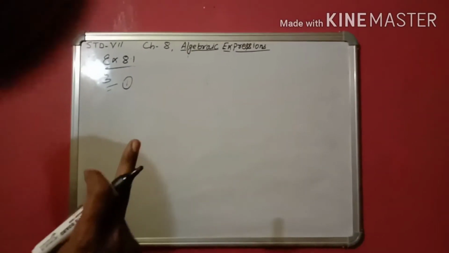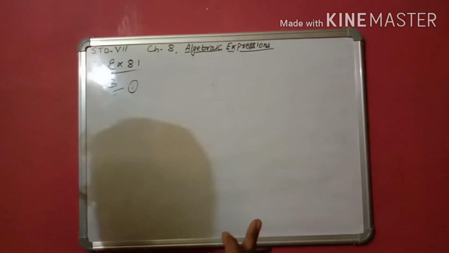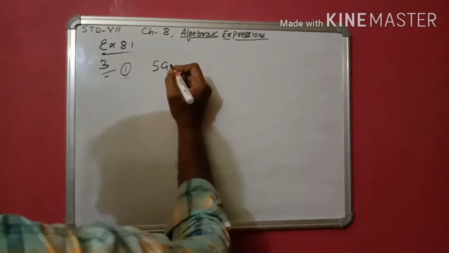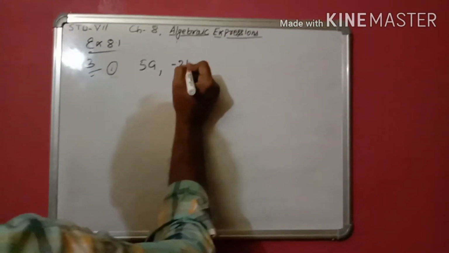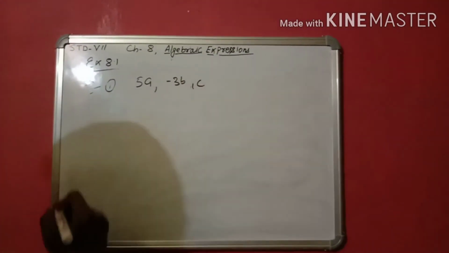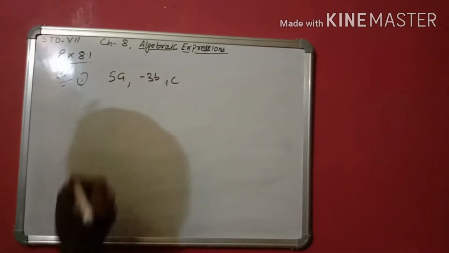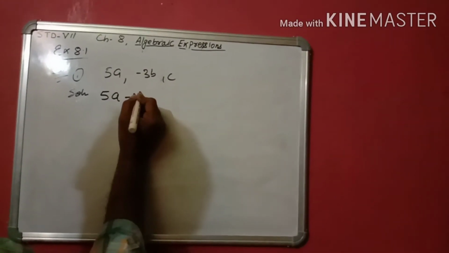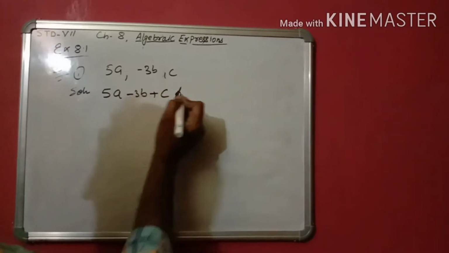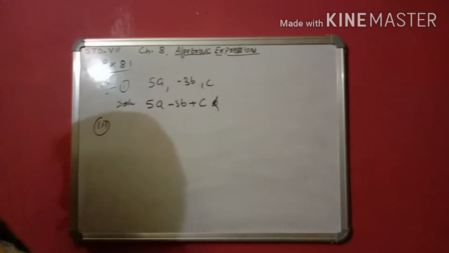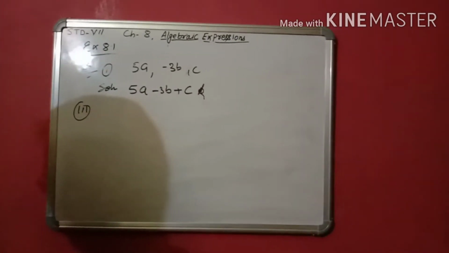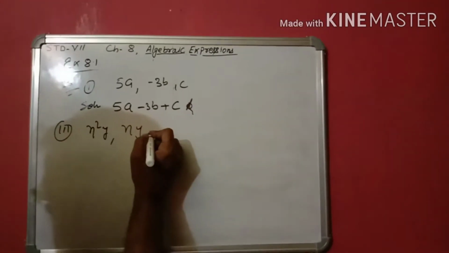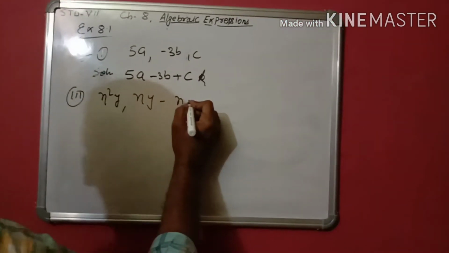Question number 3, solution I'm going to write. Write down the algebraic expression whose terms are given: 5a, minus 3b, c. You have to write down the expression. Therefore the expression will be 5a minus 3b plus c. This is our expression. Number 4, it is given x square y, xy, minus x y square.